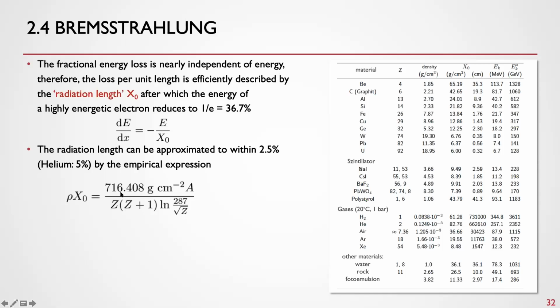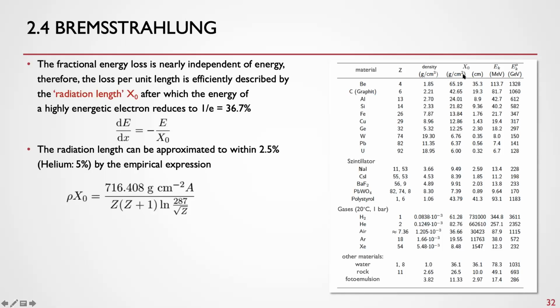The main feature is the 1 over Z squared here. So, for example, in beryllium, aluminium, in low Z materials, the radiation length is large. In high Z materials, lead, uranium, the radiation length is very low. The quantities are given per unit density.